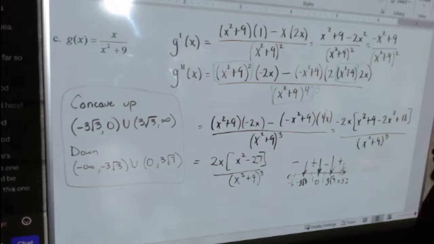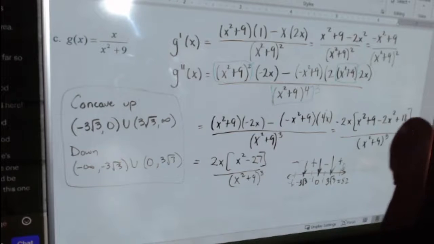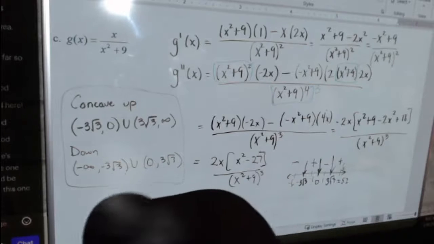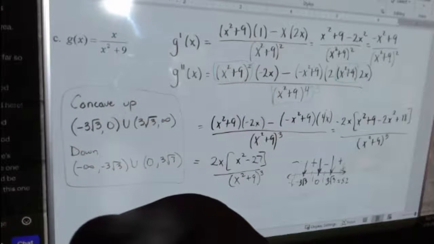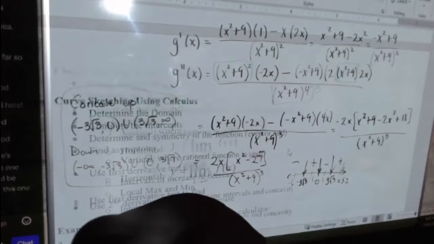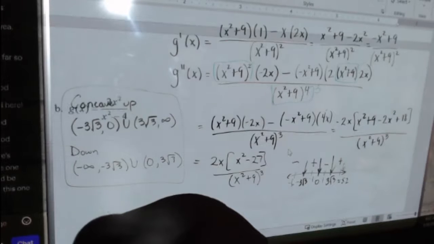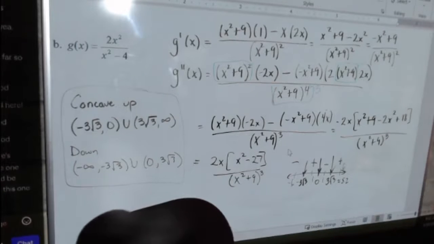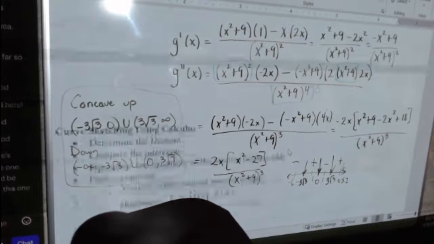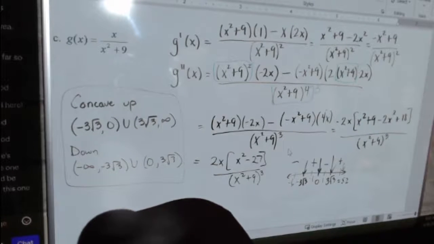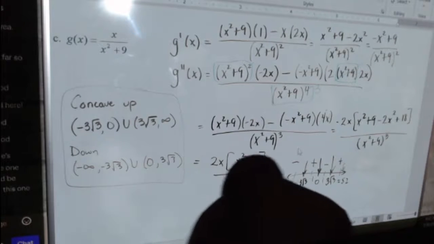Otherwise, this one was good. Let me look here and see what's left in the packet. I think when we get to the next section, there'll be one like this. So we're going to do curve sketching. I think there's one of each type. There's one there for curve sketching, so we'll have another chance to do it. Just with a little more in-depth.